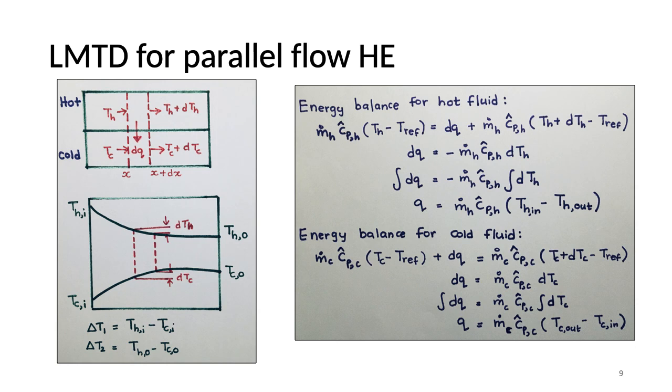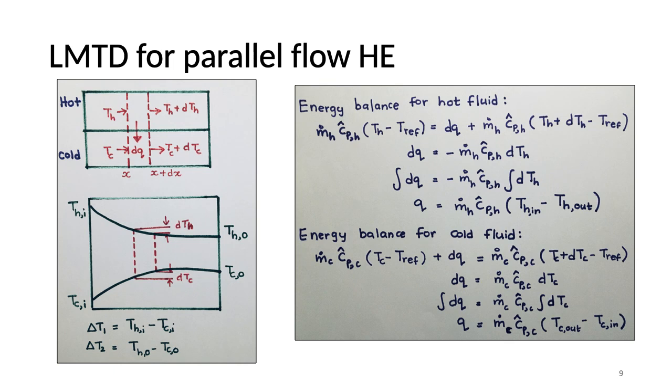Now we are going to derive the formula for LMTD in a parallel flow heat exchanger. We first apply the energy balance for the hot fluid to a selected control volume of dx length. Before applying the energy balance, we have to make some assumptions. The heat exchanger is insulated from surroundings and the heat exchange is only between the two fluids.